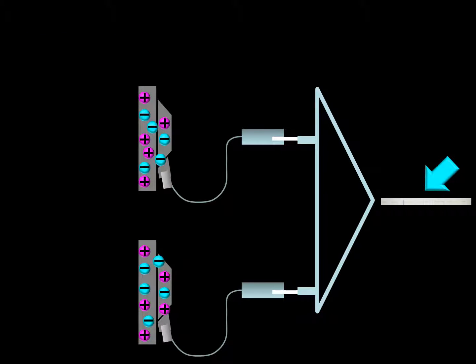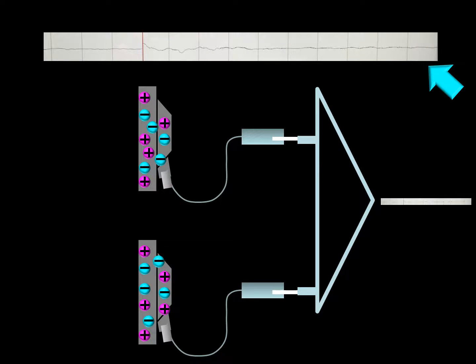The arrow points to a recording from two electrodes held in the air with no gel. Since it can hardly be seen, I enlarged the recording in this frame. As you can see, no significant amount of activity is present.